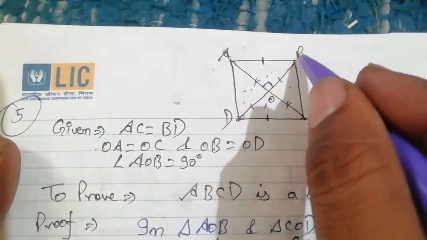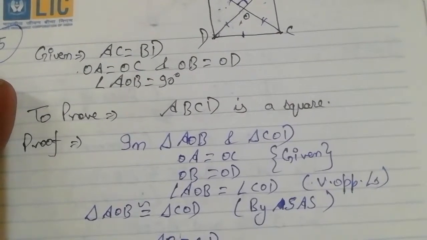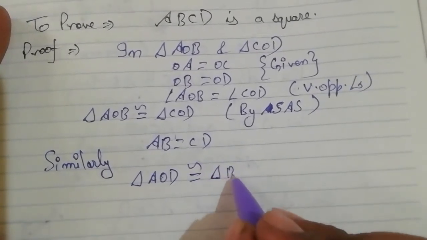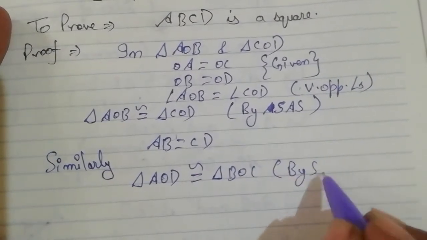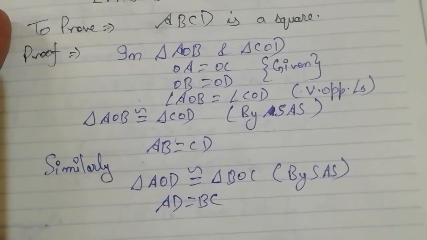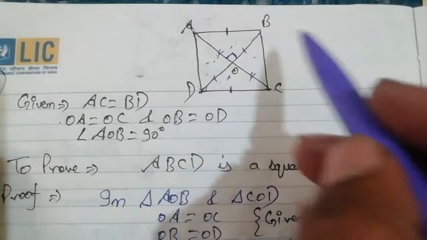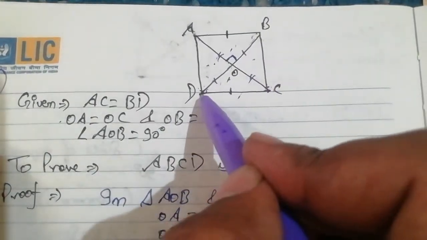So triangle AOD is going to be congruent with triangle BOC, in the same process by SAS, and from here we will get AD is equal to BC. Now opposite sides are equal, we have proved it here. So if we prove adjacent sides are equal, it means that BC is equal to CD, then we can say that all these sides are equal.